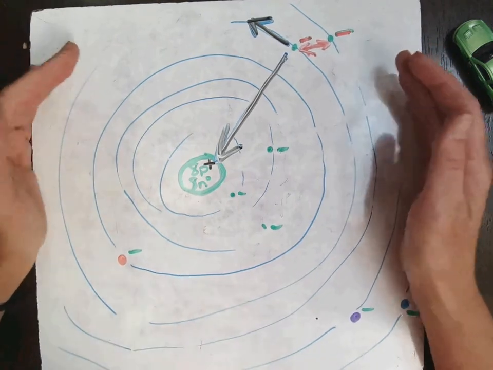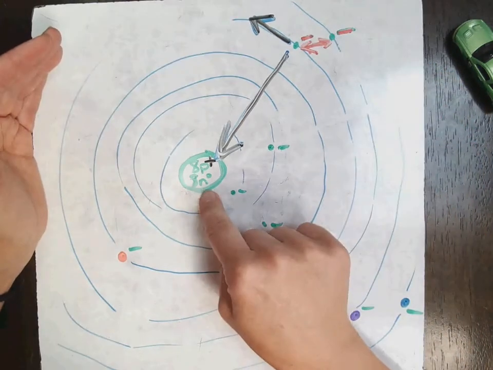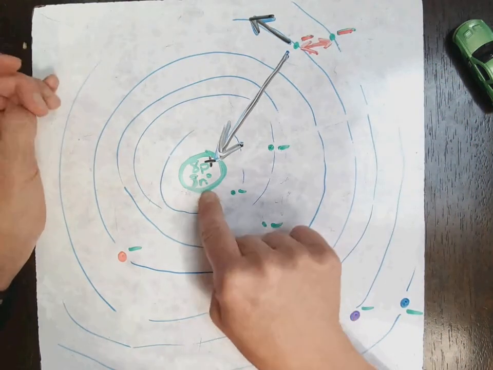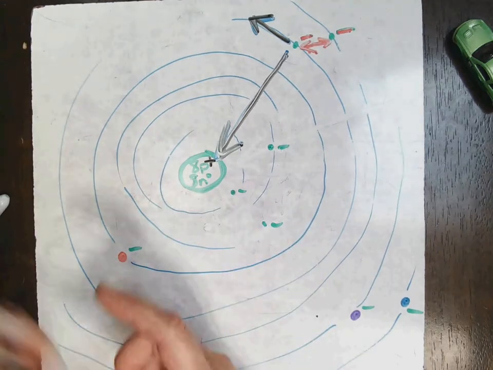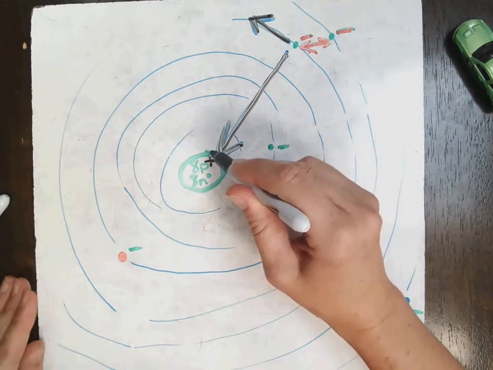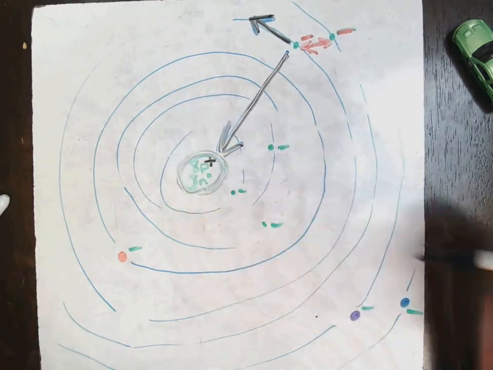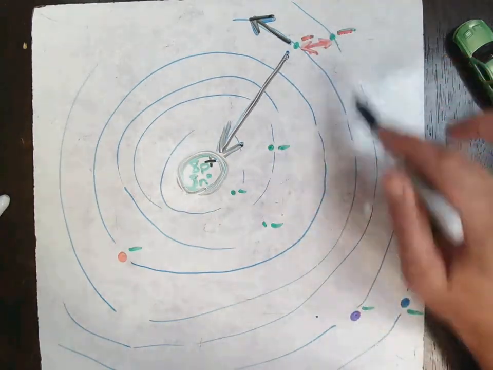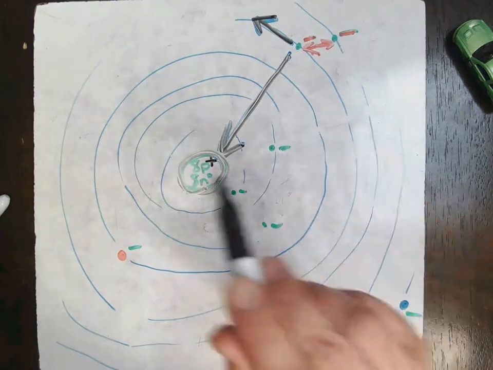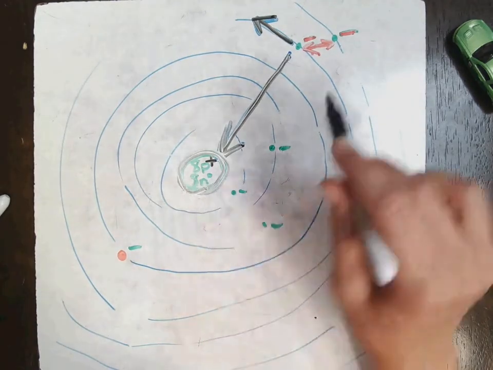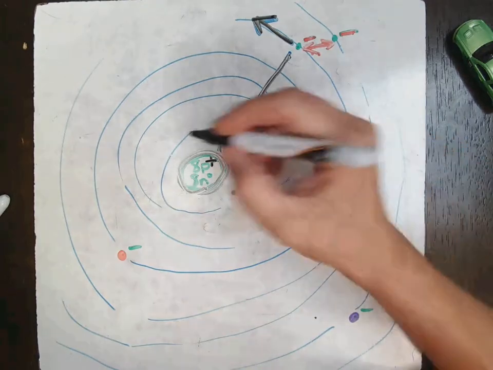Does that mean that it doesn't have mass? Bam, that's where all the mass is. All the mass is in the nucleus. This is another slight difference. This is like the sun, but the planets, our little electrons, are so light compared to this that we say they weigh nothing, okay?